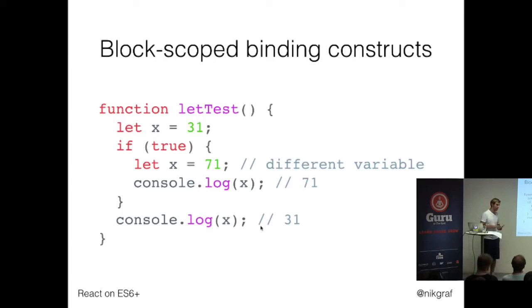Const works the same way. Const has the same block scope binding, but with the difference that const, as I said, is a single assignment. If you look at the code I've been writing for the last couple of months using ES6, I almost all the time only use const, except where I'm pretty sure that an if condition, for example, is changing the variable.